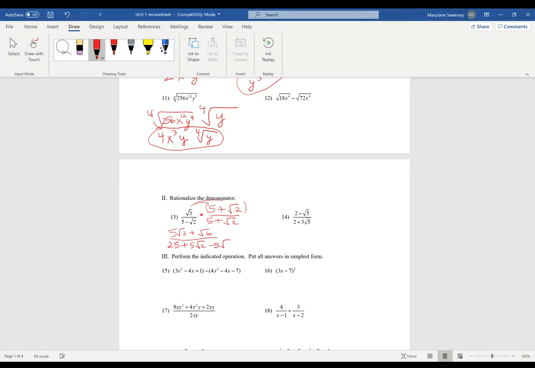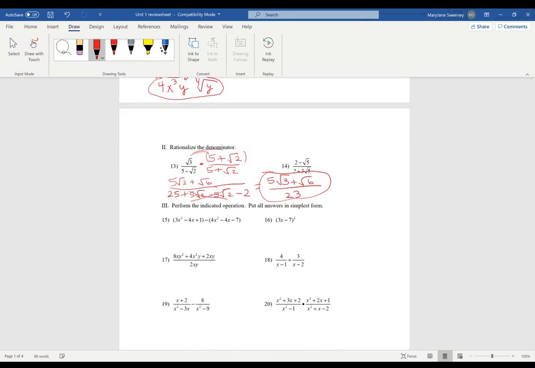Inners is minus 5 radical 2. And last is minus 2. So my answer is 5 radical 3 plus radical 6 over 25 minus 2, which is 23. And these in the middle cancel out because they're plus and minus.